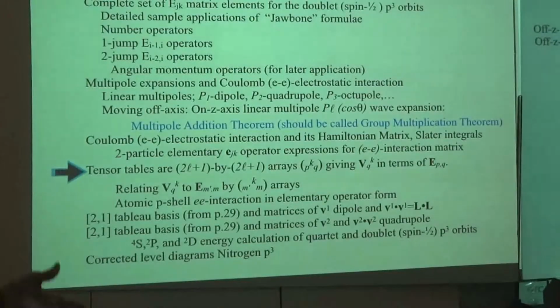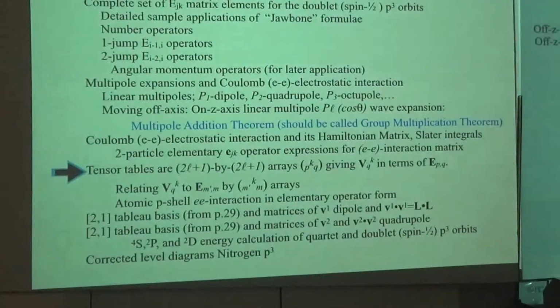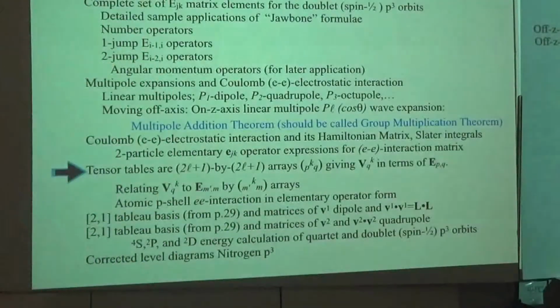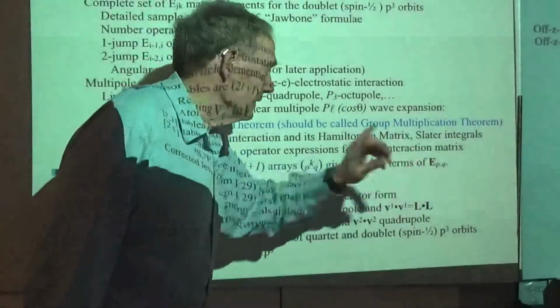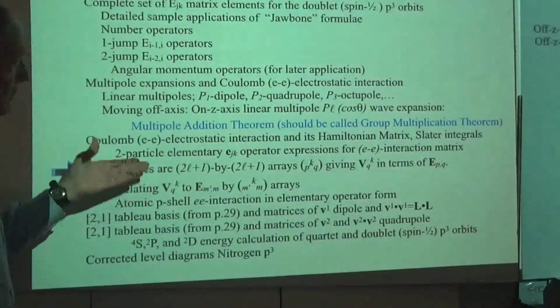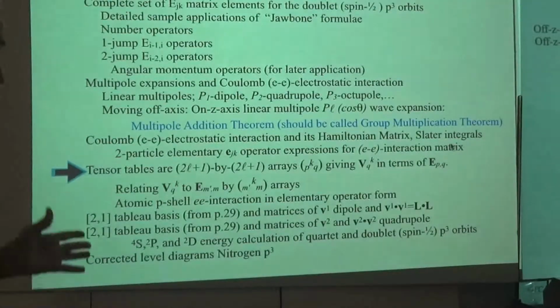Okay, so let's finally look again at those tensor tables. These are arrays of these things that I call rank K, and then 2 indices indicating the Z component of the atomic orbital angular momentum. And then the VKQ has got to be written in terms of the elementary operators. Relating those two, I'm going to do it a couple of different ways that I thought you should see before we go on, and really take another tack that does this summing of the elementary operators.